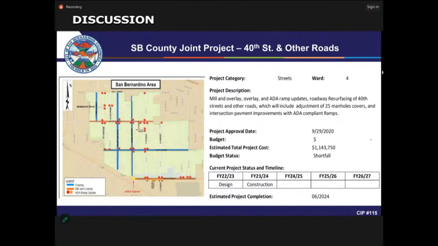Similarly, the cost will be paid for with the SB1 fund and the gas tax. This project is on a very progressive schedule. It's already been awarded, and we already have a signed co-op agreement with the county for this project. The project completion date is estimated to be June 2024. Okay.